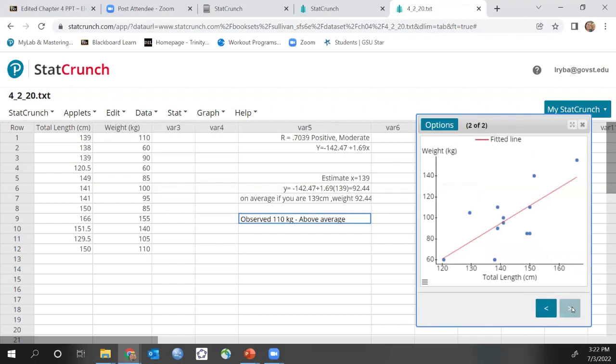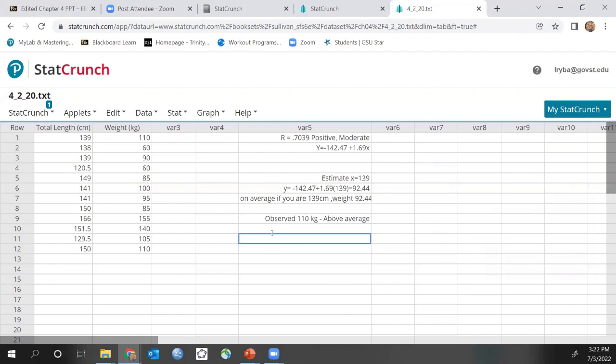Let me find another one. Let's do 149. Estimate at 149. So y equals negative 142.47 plus 1.69 times 149. Let's see what we get. I get 109.34. So if the object is 149 centimeters, it should weigh on average about 109.34 kilograms.